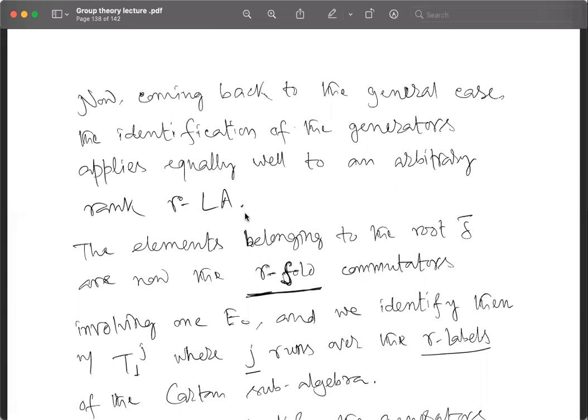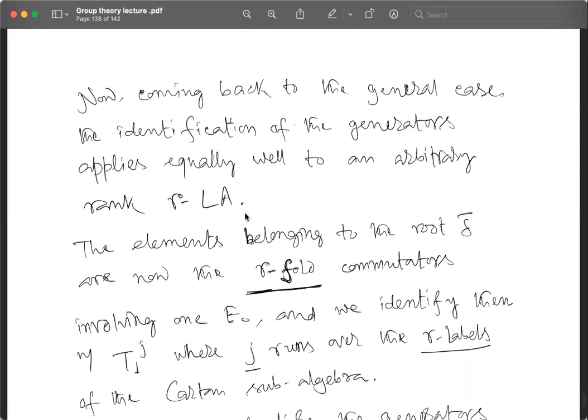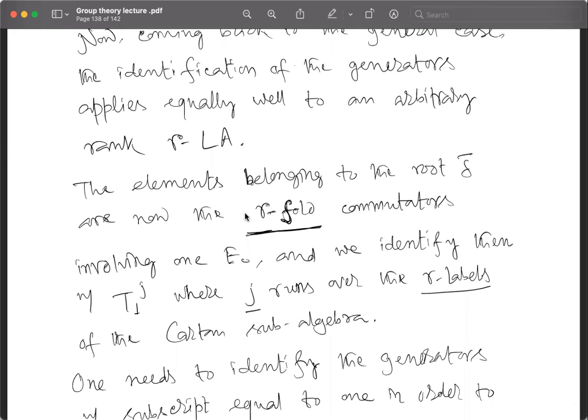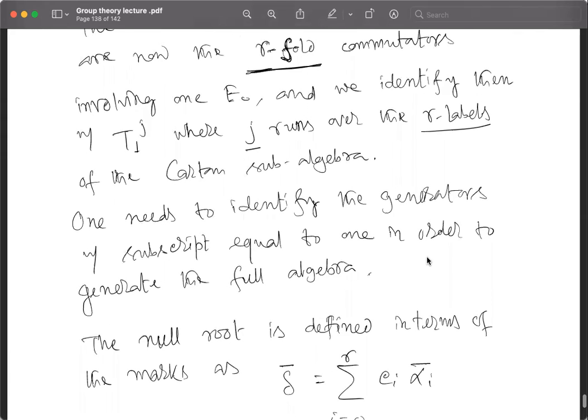Now the elements belonging to the root delta are the Cartan commutators, okay, and that involve one A0, and we identify them with T^j_1, where j runs over all the r levels of this Cartan subalgebra. Now one needs to identify the generators with subscript equal to 1 in order to generate the full algebra, as we have seen here.